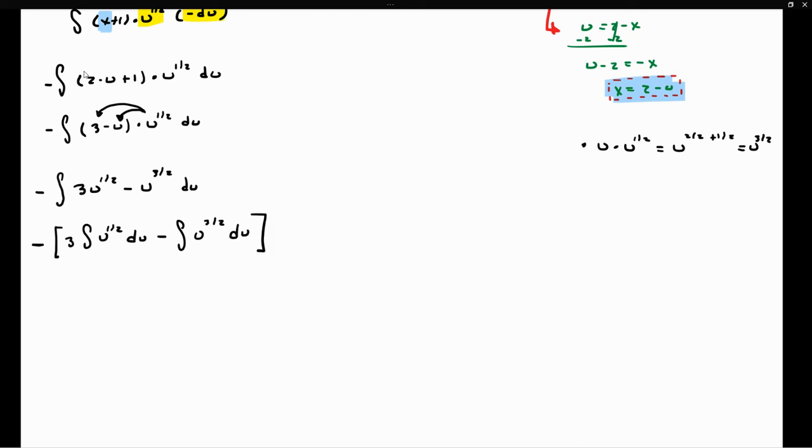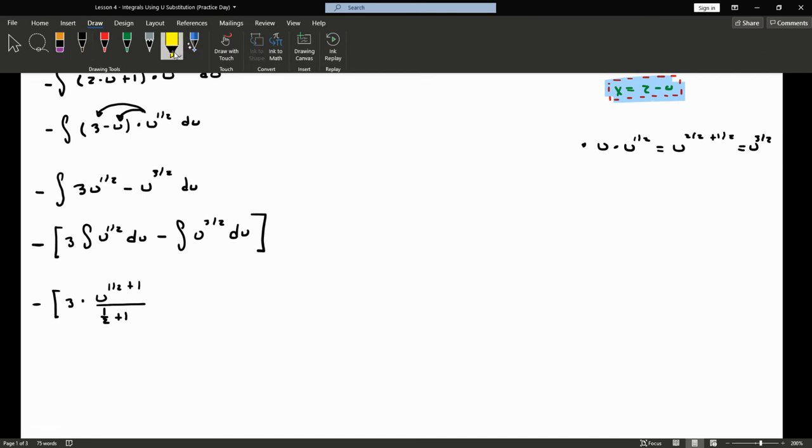And now let's take care of the integration one term at a time. So we got that negative in there, 3, the integration of u^(1/2). Remember that we add 1 to the exponent, and we do the same on the bottom. So we're going to get u^(1/2 + 1) over 1/2 plus 1. That takes care of my first integration, or my first term.